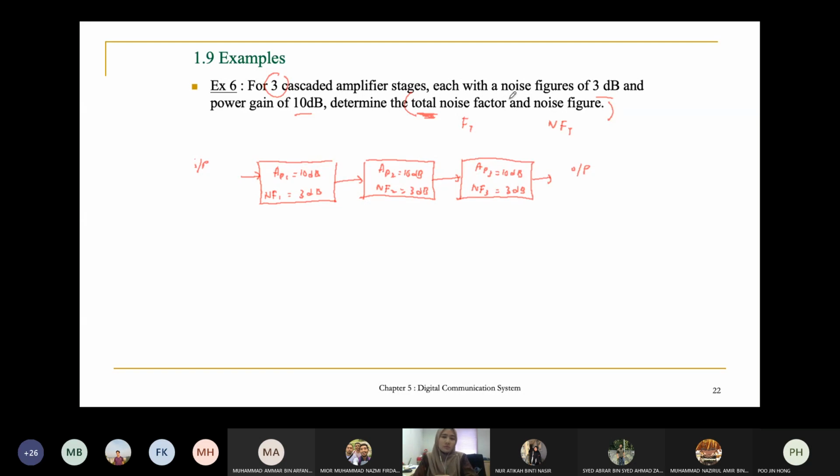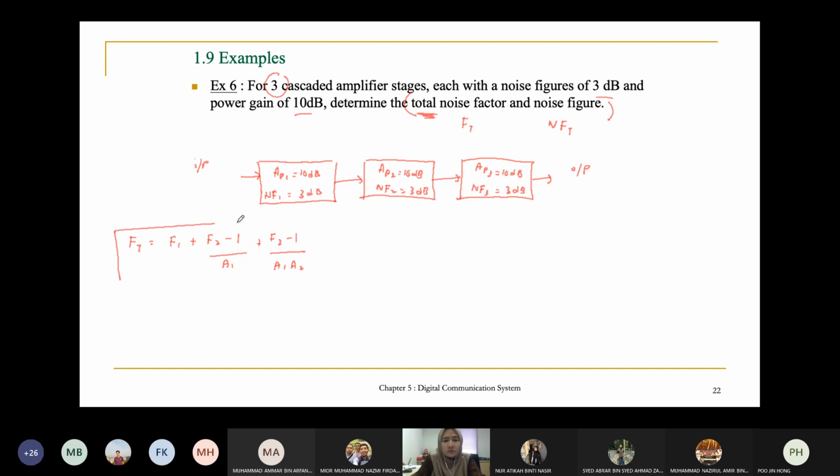So you must calculate for the noise factor first. Since you have 3 amplifier stages, you need to use the Friis formula to calculate for the total noise factor. The Friis formula is FT is equals to F1 plus F2 minus 1 divided by A1 plus F3 minus 1 divided by A1, A2.